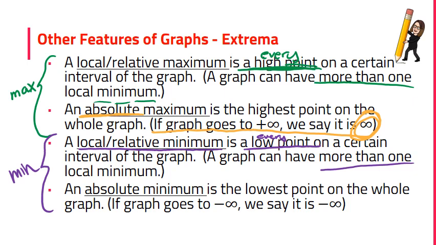But more specifically, an absolute minimum is the lowest point possible. Meaning if it goes forever down, if there's no lower bound, we say it's negative infinity. So what's the absolute lowest point we have?